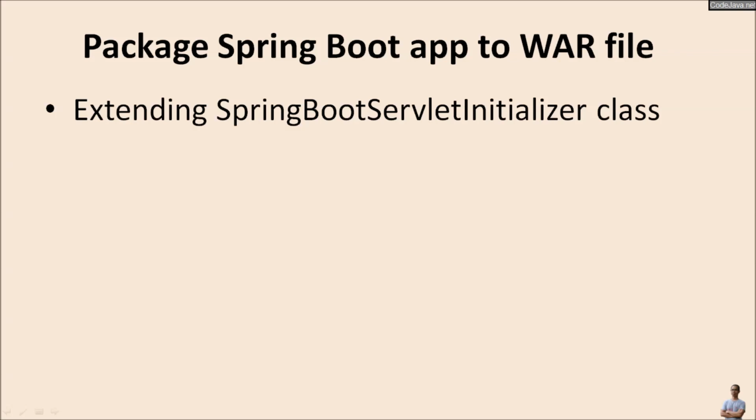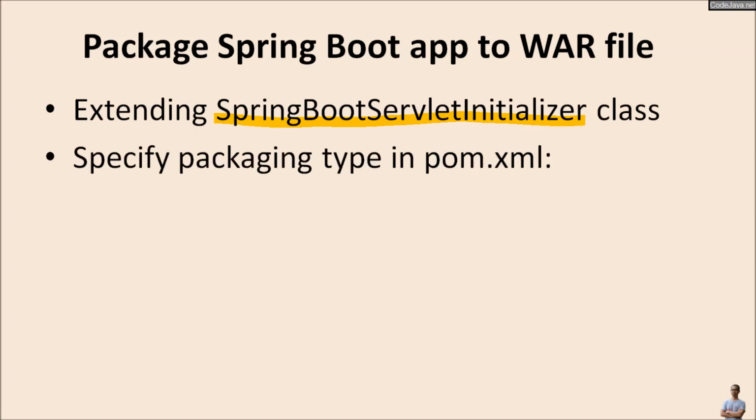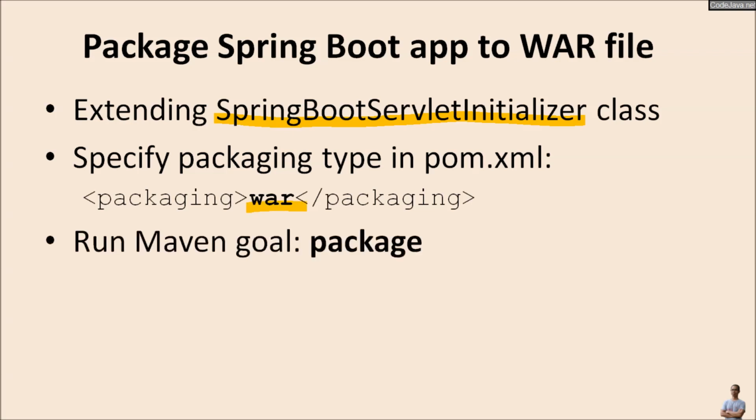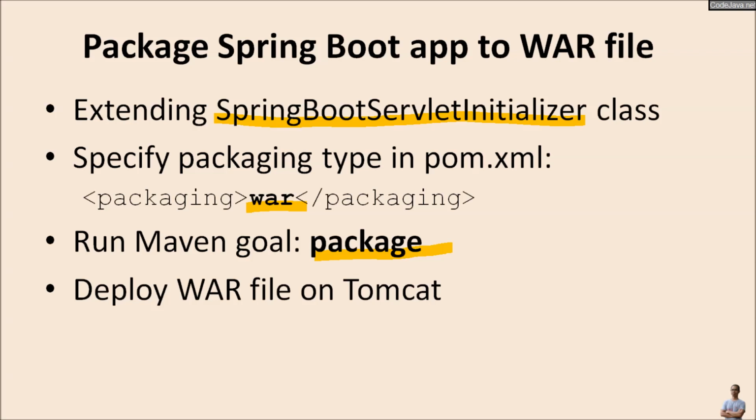First, we need to have our Spring Boot main class extend the Spring Boot ServletInitializer class, and then we need to specify the packaging type in the pom.xml file as WAR, and then we run a Maven goal package to compile and package the Spring Boot application to a WAR file, and then we deploy the WAR file on Apache Tomcat server. Now let's see how to do these steps in action.